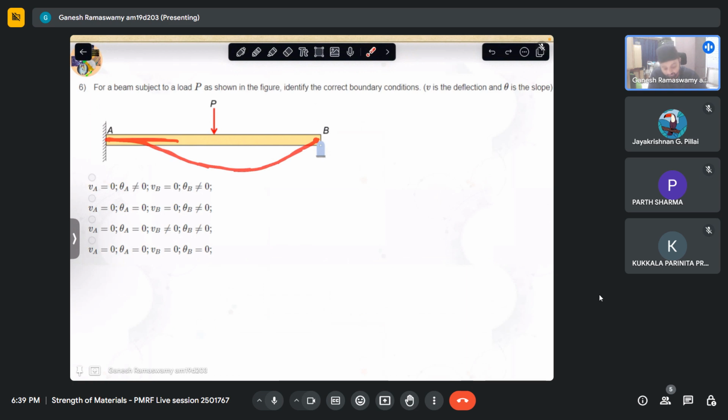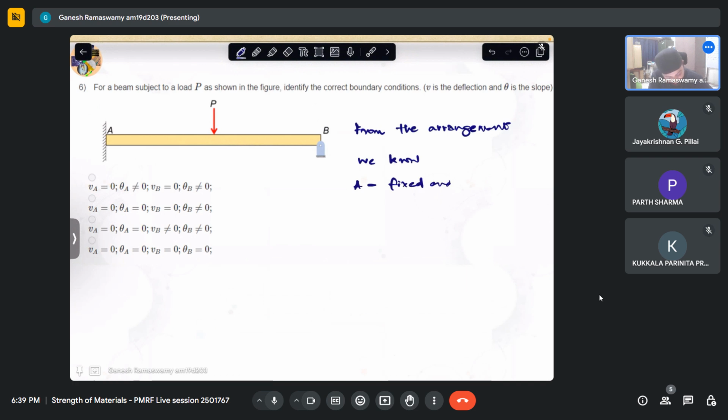So from the problem's arrangement, we know A being a fixed end, we have slope and deflection at A equaling 0.